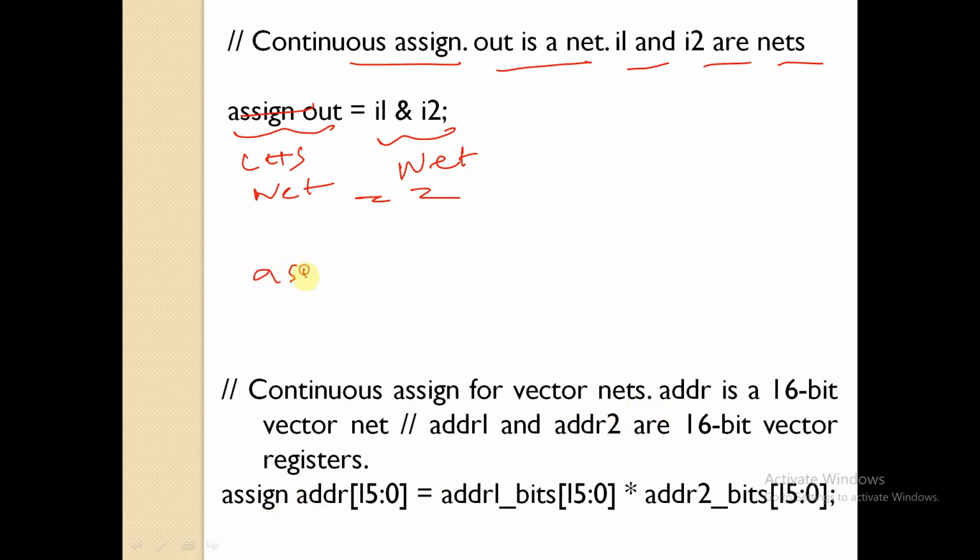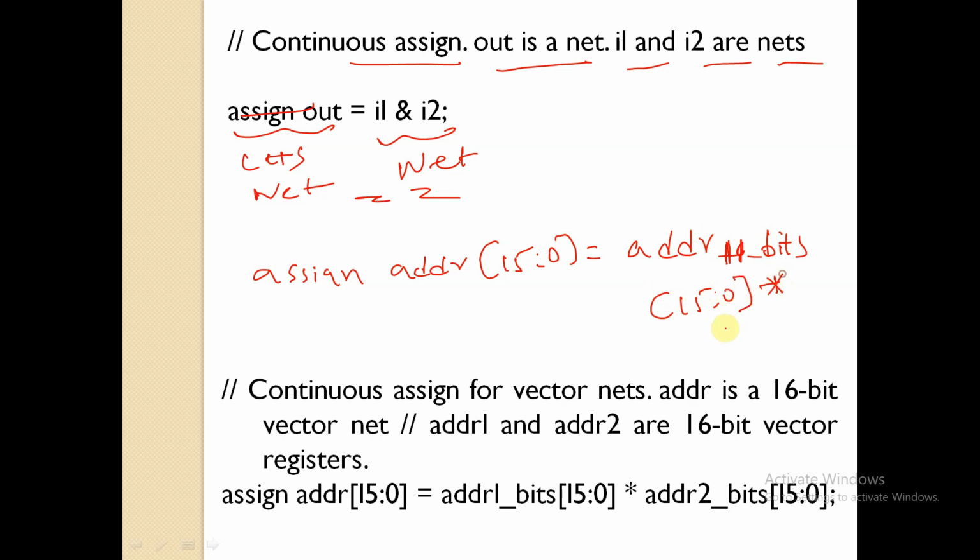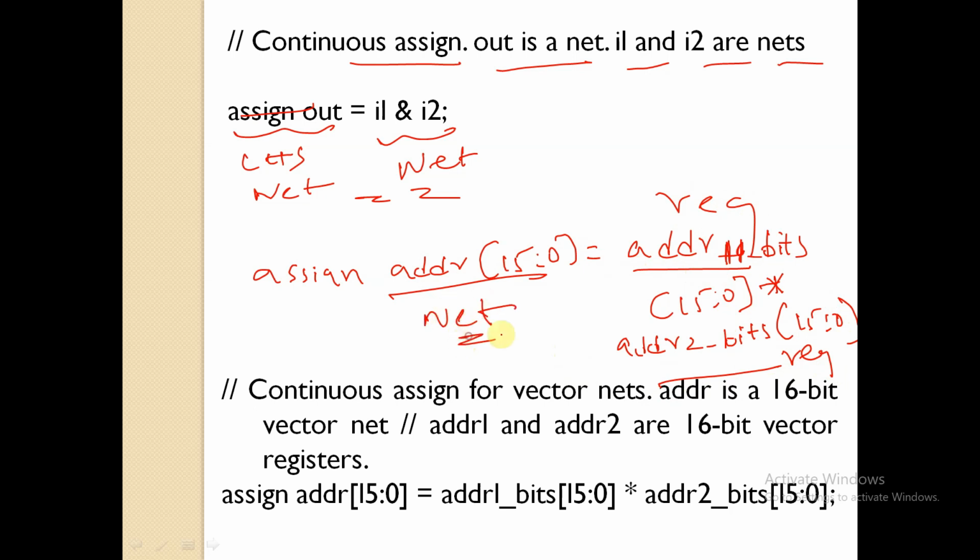Here they are using assign ADDR[15:0] is equal to ADDR1_bits[15:0] multiplied by ADDR2_bits[15:0]. Here ADDR1_bits is a reg type, and ADDR2_bits is also a reg type, and we are multiplying these two and storing the result into a net type. So this is one example of continuous assignment statements.